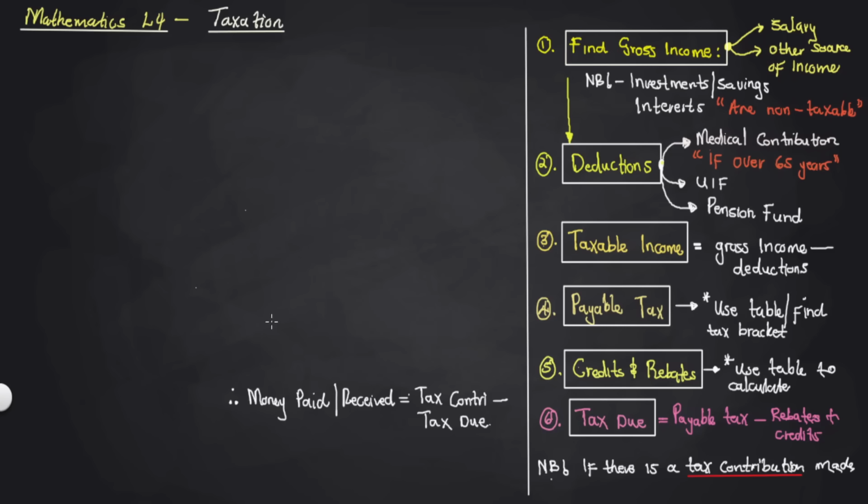So there's going to be a problem where it's either you pay SARS tax directly, or it's the other way around. The company will take money and pay SARS as a form of tax, but the money that your company takes must match the amount of money that SARS requires.